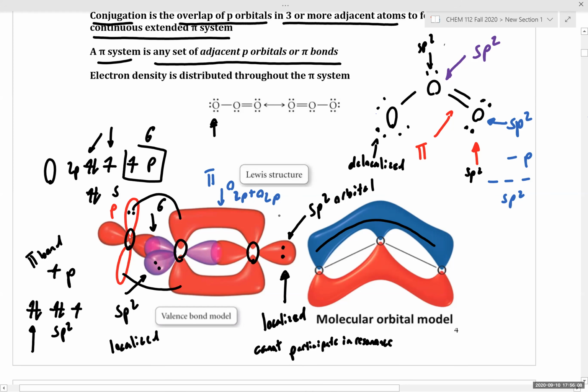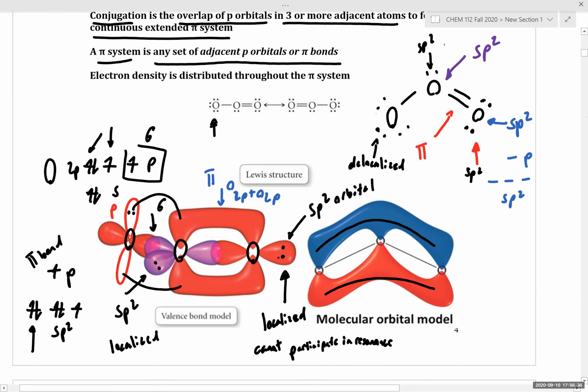In effect, the electron density found in our double bond and lone pair has now been distributed across the 3 oxygen atoms. And this lone pair can only engage in resonance delocalization because it's in a p orbital that's parallel to an adjacent pi system.